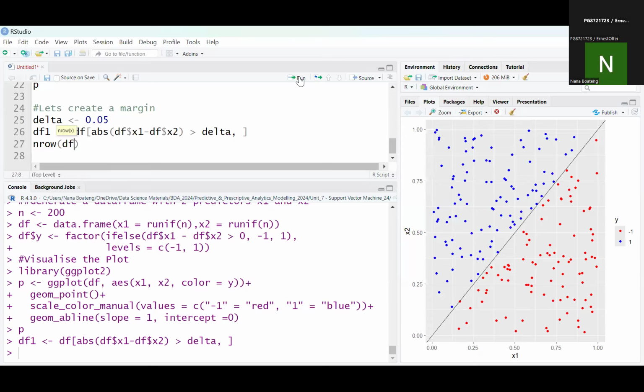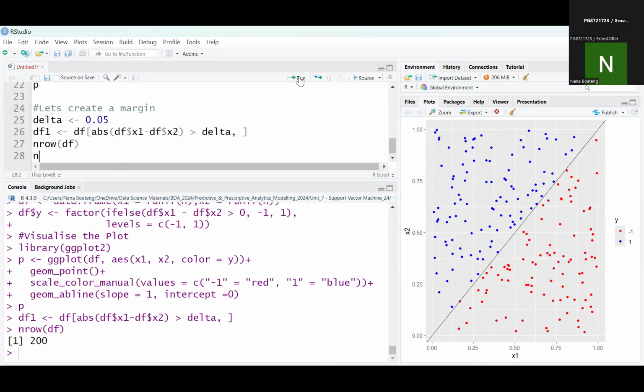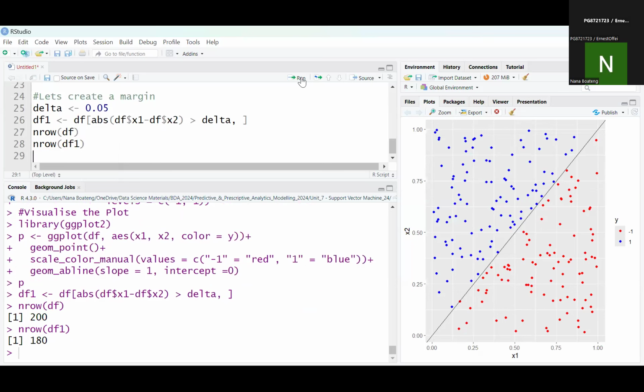Let's look at the number of rows for DF1. So as a result of applying this adjustment here, we have created another one for DF1. So now let's replot our new data set.